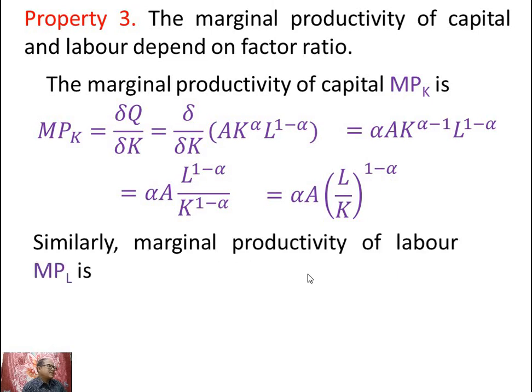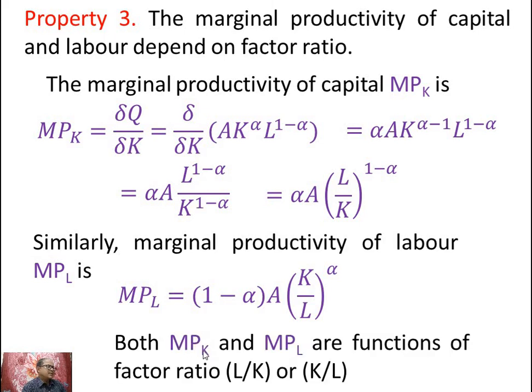Similarly, marginal productivity of labor, that is MPL, is (1−α) A (K/L)^α. Here both MPK and MPL are functions of factor ratio, that is L/K or K/L.